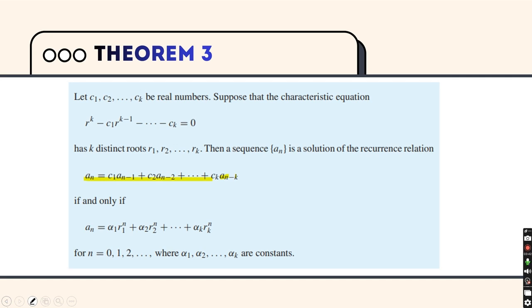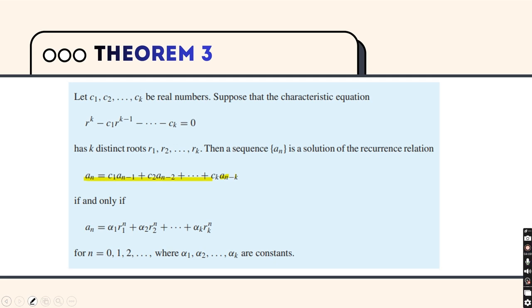So this theorem says if you know the roots of the characteristic equation, then you already know the shape of the solution. So meaning, you turn the recurrence into a polynomial or characteristic equation, and then you will find its roots, and then the solution is always a combination of those roots.